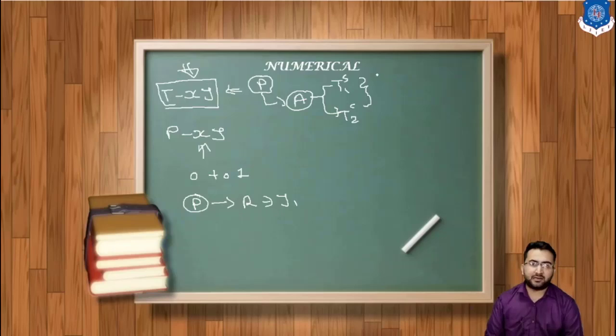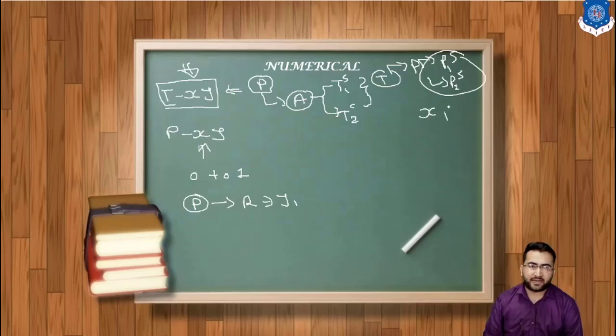Using those temperatures in the Antoine equation, again we find P1 saturated and P2 saturated. Using P1 saturated, P2 saturated and total pressure, we can calculate the value of X1, and using this value of X1 in Raoult's law, we can get the value of Y1.